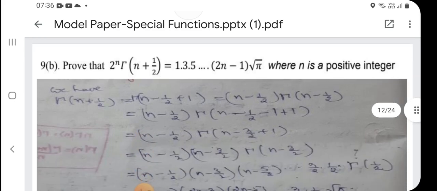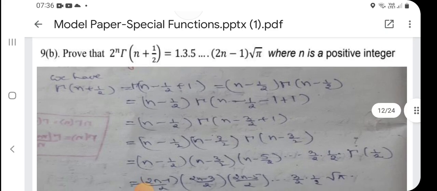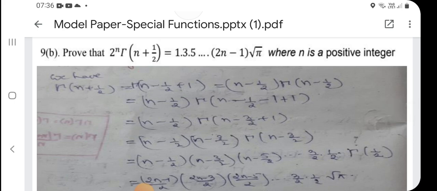Now prove that 2 power n into gamma of n plus half equals 1 into 3 into 5 and so on up to 2n minus 1, into root pi, where n is a positive integer. We have gamma of n plus half. I am going to use the standard formula gamma of number plus 1, so I replace the number as number plus 1.